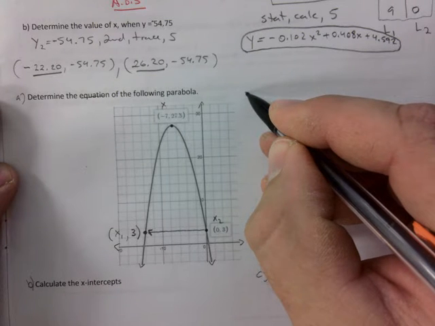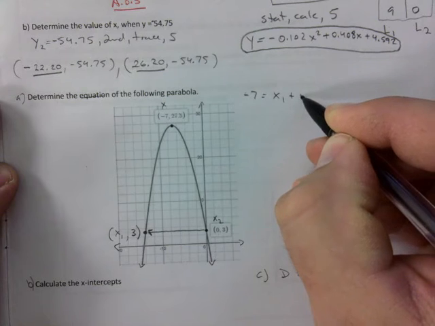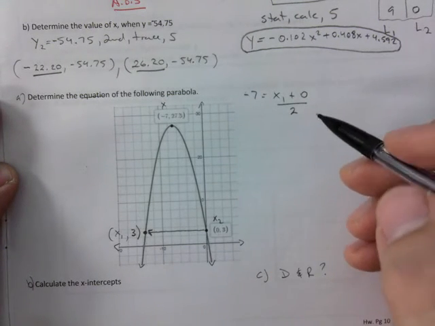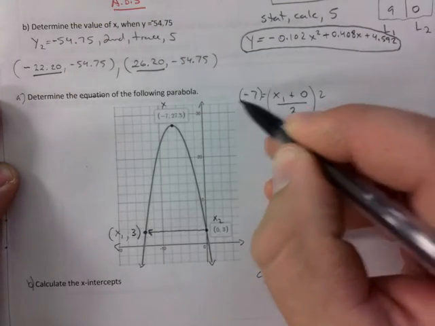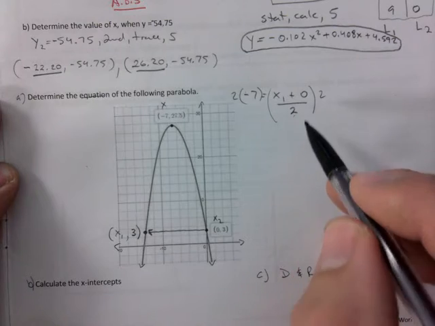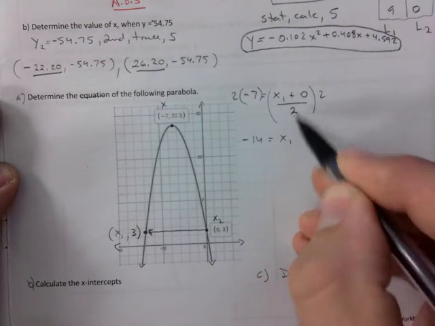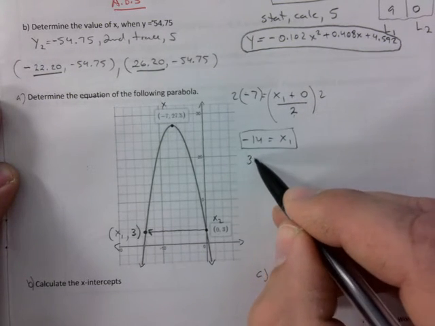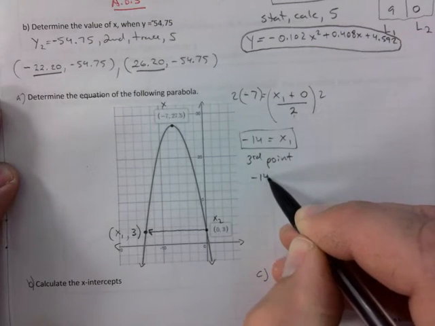So I would say that -7 is equal to x1 plus x2, all of that divided by 2. Okay, and then we multiply both sides by 2. That is going to be the theme, always multiplying by 2. So you get -14 is equal to x1 because x1 plus 0 is just x1. So you've actually found the third point. You need 3, right? Is -14, 3.